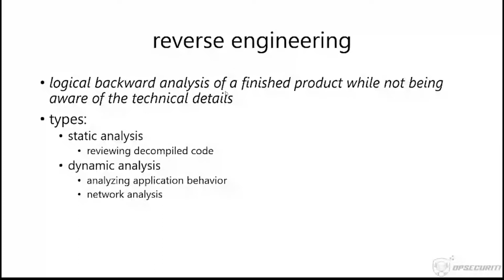And there are two types of reverse engineering. Static analysis is reviewing the decompiled code, which is what we'll be covering today. Dynamic analysis is where you actually run the application and see the output behind every click or behavior.